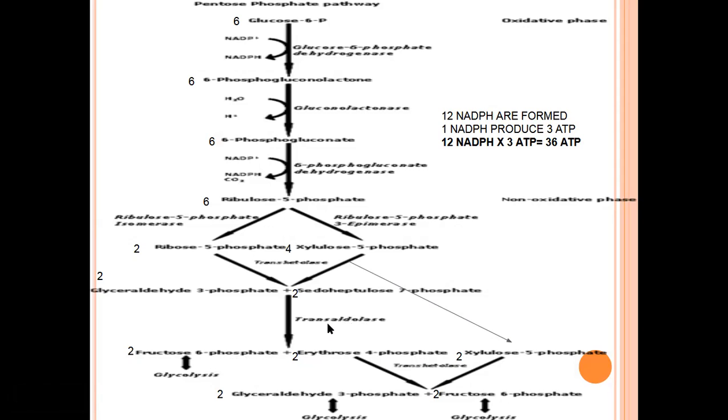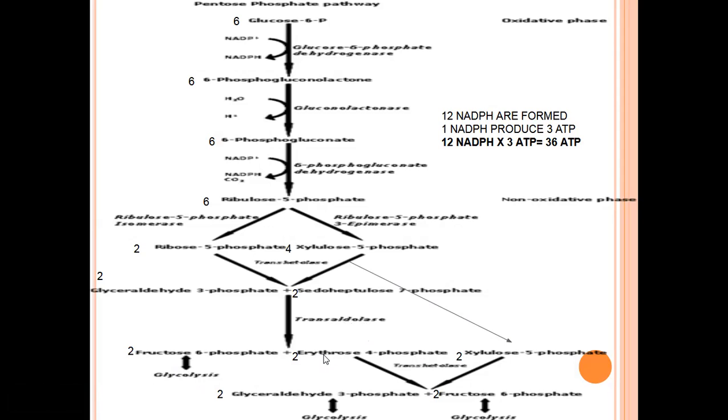Then 2 molecules of fructose 6-phosphate convert into 2 molecules of glucose 6-phosphate.